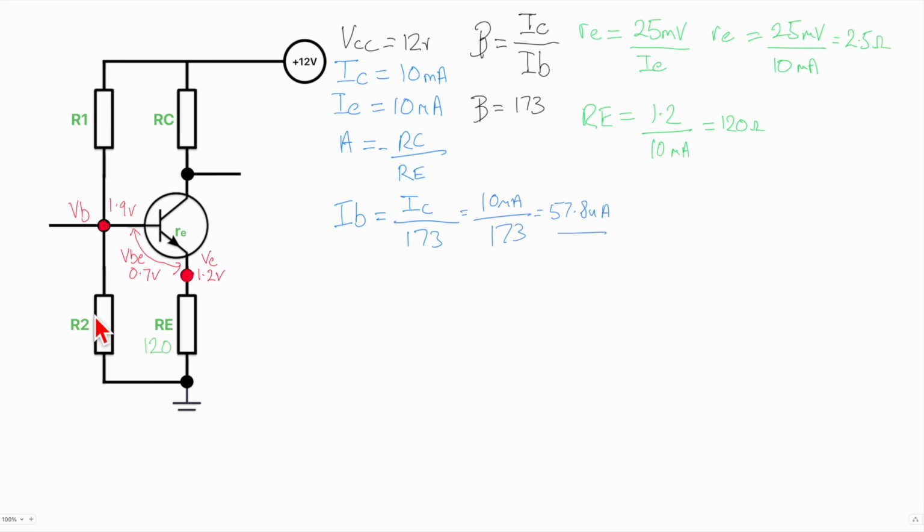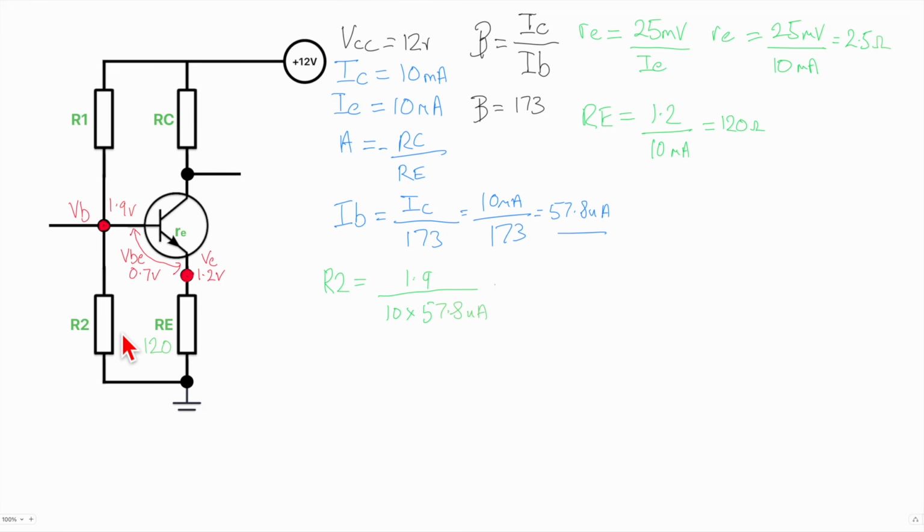R2 will need to be the voltage, which we know, 1.9 volts, that's what we want to see at the base, over 10 times the base current, which we said was 57.8 microamps.